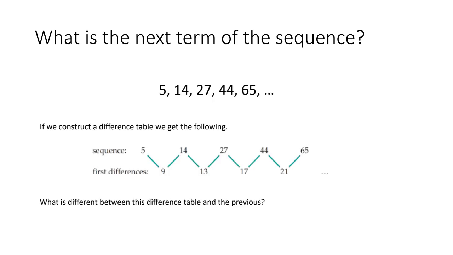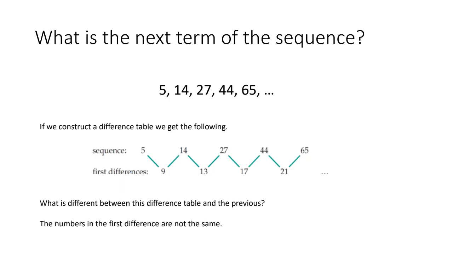So if we construct the difference table, 14 minus 5 is 9, 27 minus 14 is 13, 44 minus 27 is 17, 65 minus 44 is 21. But notice that these numbers here are not the same, okay? So it's really hard to make a prediction when these are not the same. So we go ahead and do another difference, and we call that the second difference.